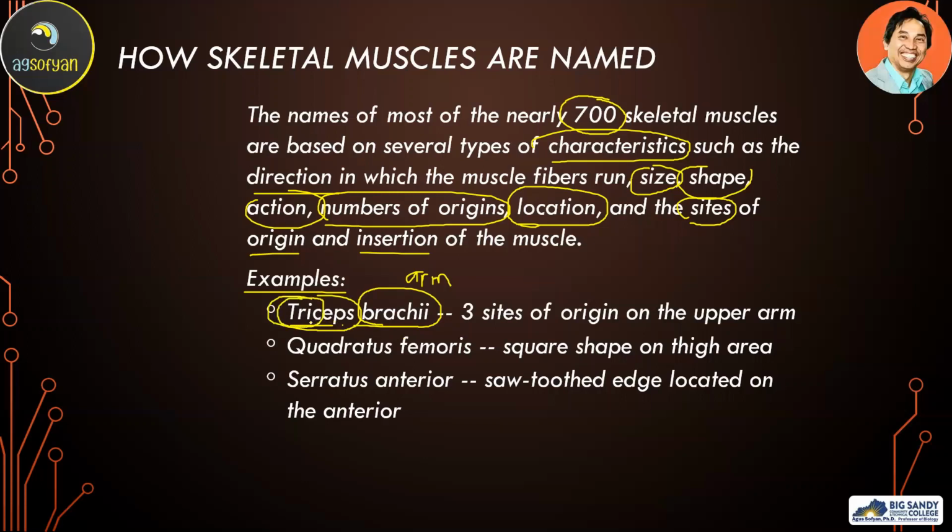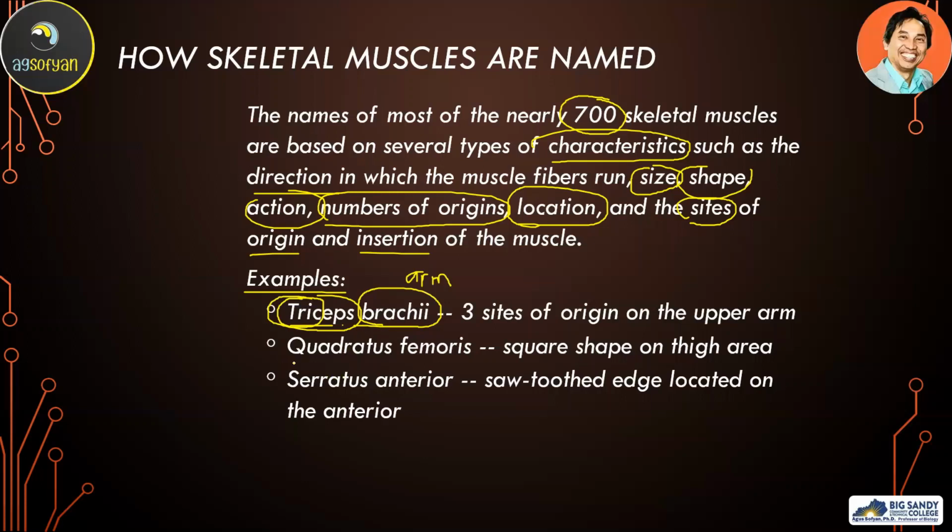This muscle actually has three tendons for its origins, and only one tendon as its insertion. So the triceps brachii is the upper arm muscle that has three origins.